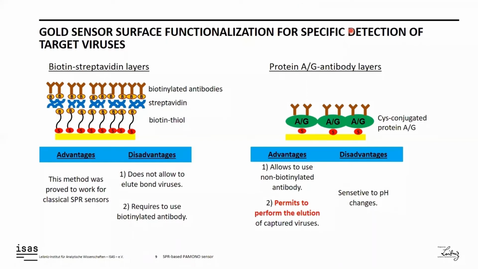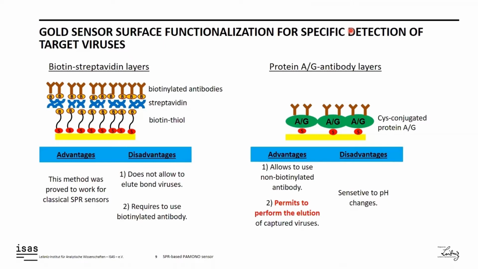And now I would like to talk about possible ways for gold sensor surface functionalization in order to perform specific detection of target viruses in the analyzed sample. There are many possible ways.